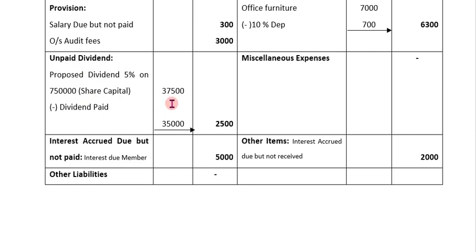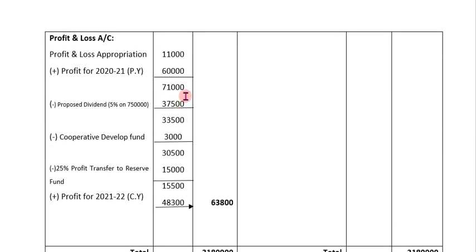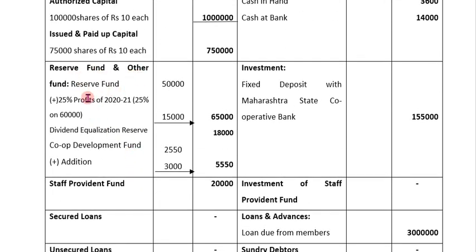Now the second effect of this dividend: the first effect we did in unpaid dividend, and the second effect of 37,500 we have to less. So 71,000 minus 37,500, total is 33,500. Now next you have to reduce cooperative development fund. In reserve fund and other funds, the cooperative development fund was rupees 2550.